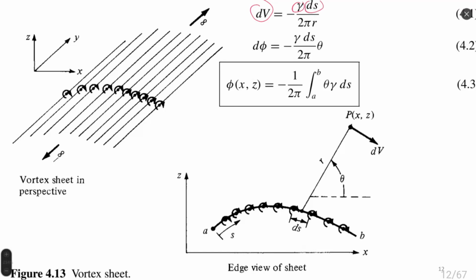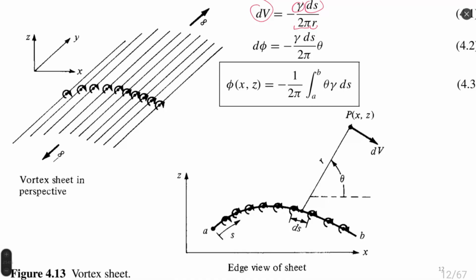And this change of velocity at the arbitrary point P happens inversely proportional to 2 pi and the distance r. So the more distant our point is from the point we are accounting on the vortex sheet, the smaller the contribution to dV according to this hyperbolic function.